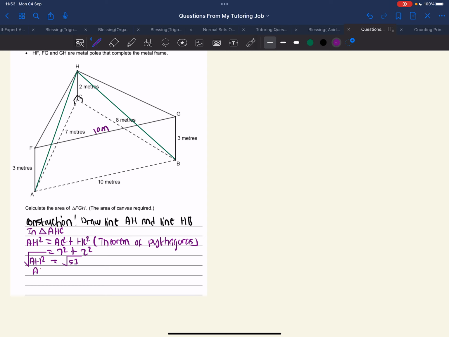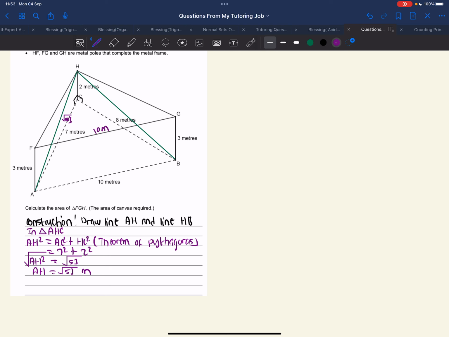So basically AH is going to equal square root 53 meters. So so far we found that AH is square root 53.